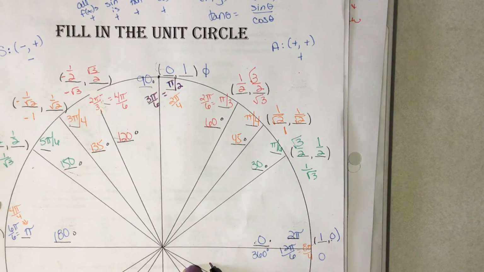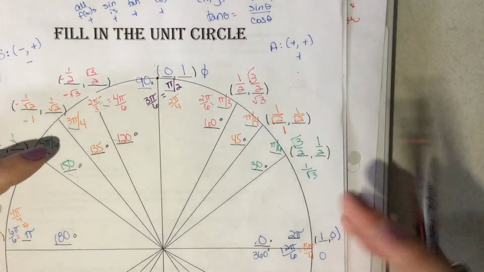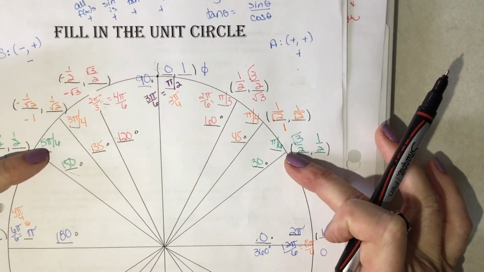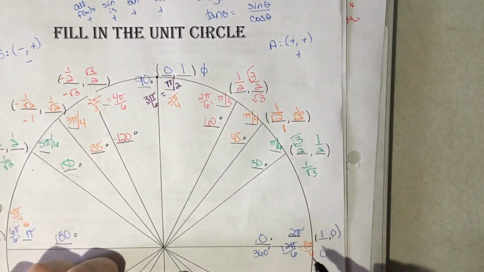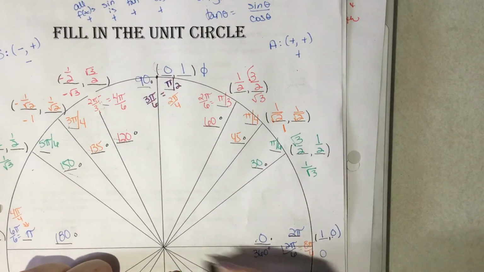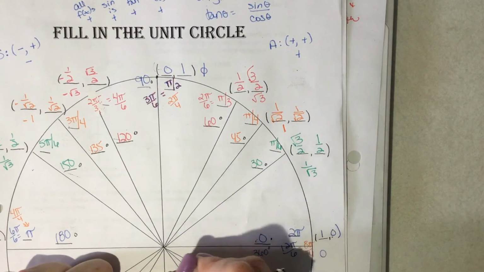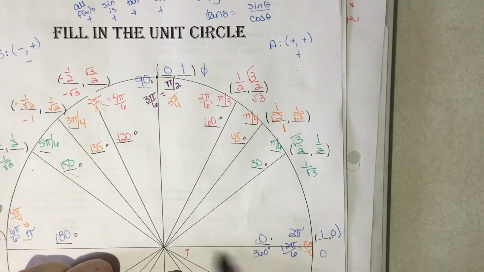That's how you can also find your angle measurement, by subtracting it from 360, and that's finding your reference angle. In here, I had all my 30-degree reference angles in green. And if you look at the angle created from this ray to the x-axis, that is a 30-degree angle. Then I go down to 45, then I go down to 60. Okay?